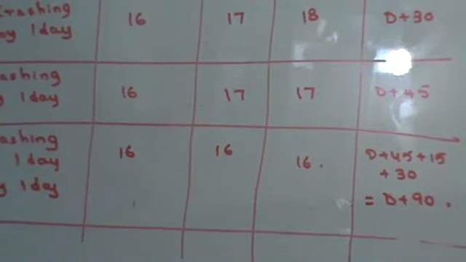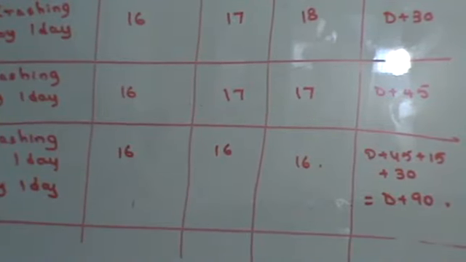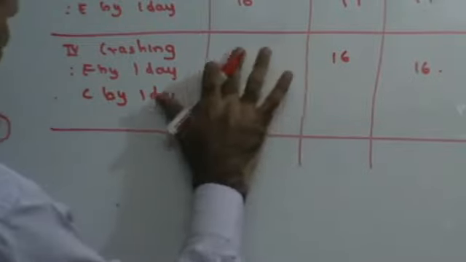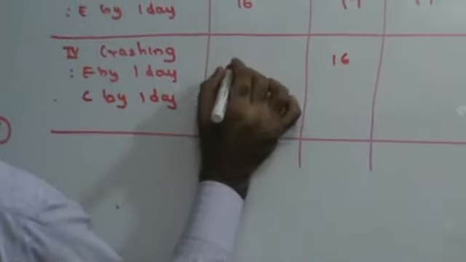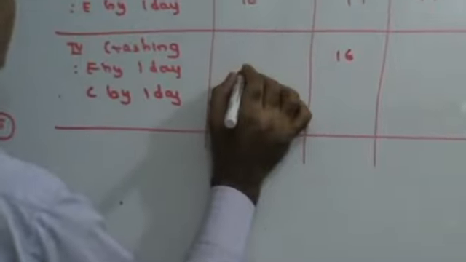Now after E, the next two activities that I have to crash are B and F. B has 4th rank, F has 6th rank. Now here guys, when I crash F, all this will also change. If I'm going to crash F, this is 16 days, so this will become 15 days because F is involved in this also.